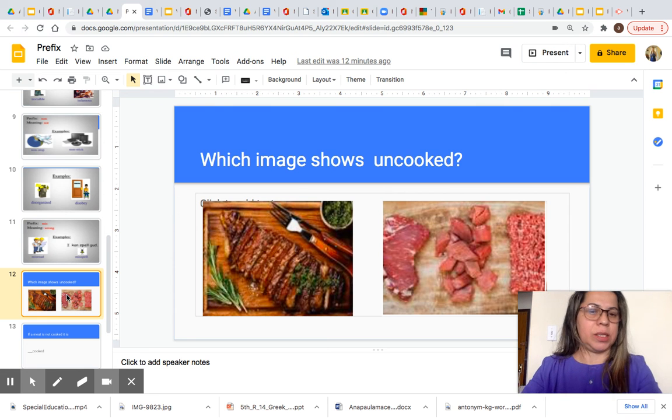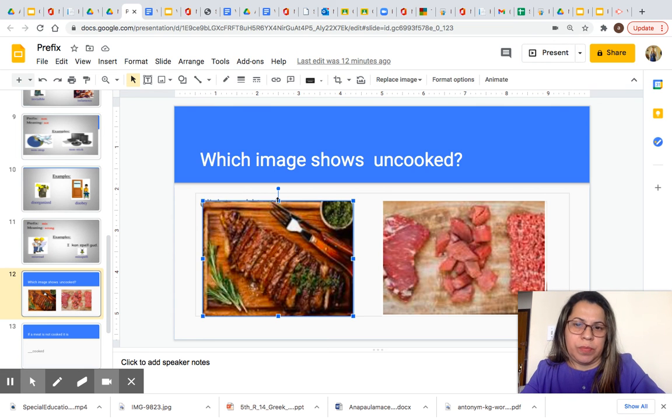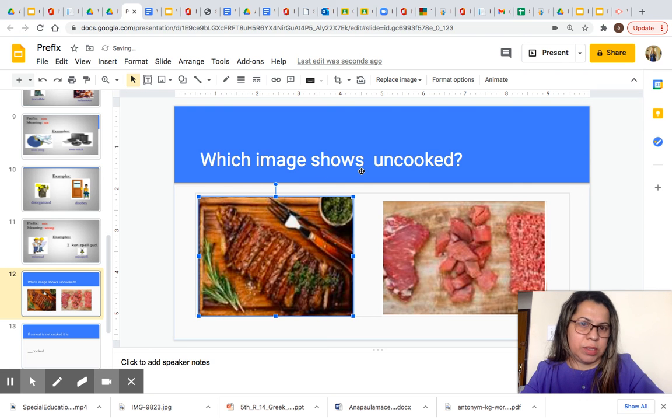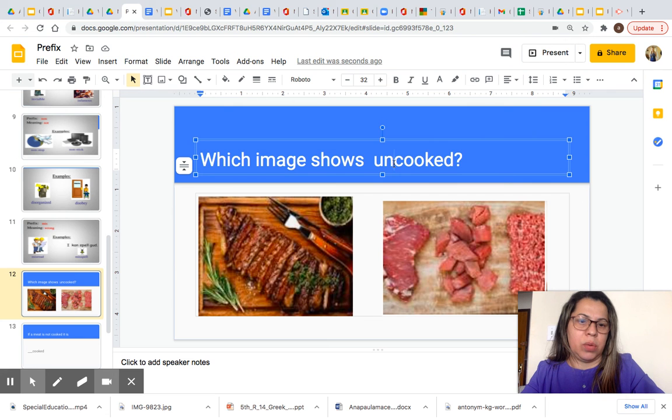Now, let's practice. Which image here shows uncooked? We already learned that. We added the prefix un to the word cooked, so it means this is not cooked.